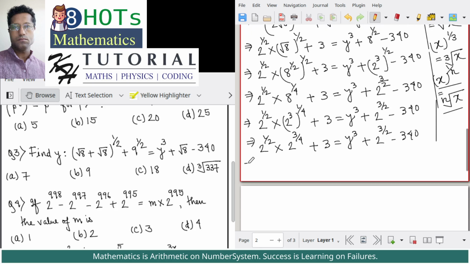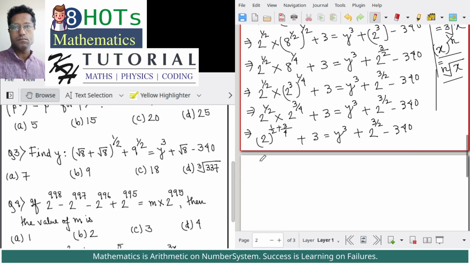Okay, this implies 2 to the power half multiplied by 2 to the power 3 by 4. I will add up the powers. So this becomes 2 to the power half plus 3 by 4, and I have plus 3 is equal to y cube plus 2 to the power 3 by 2 minus 340.